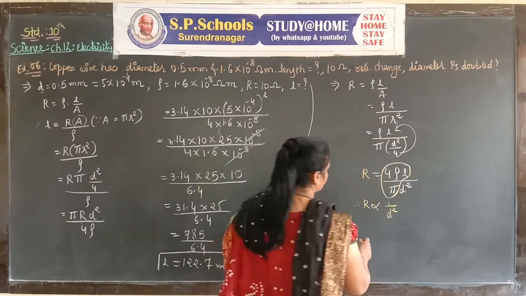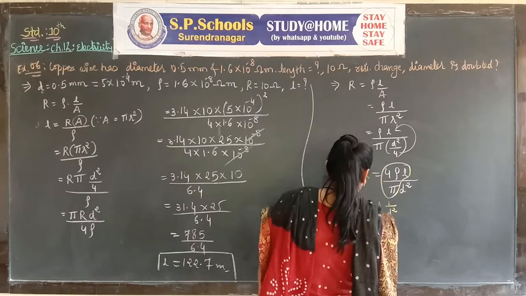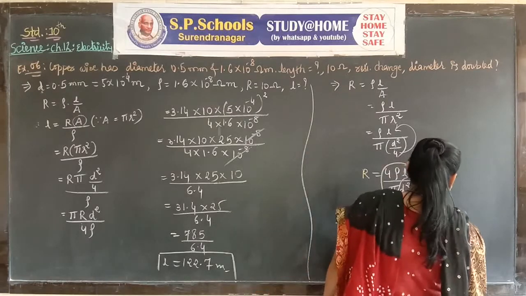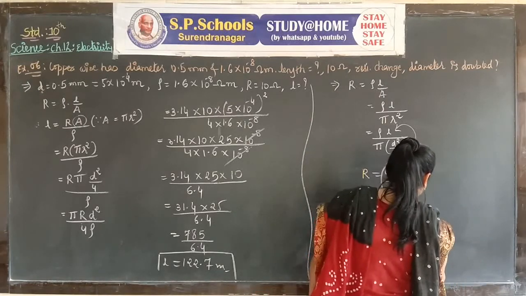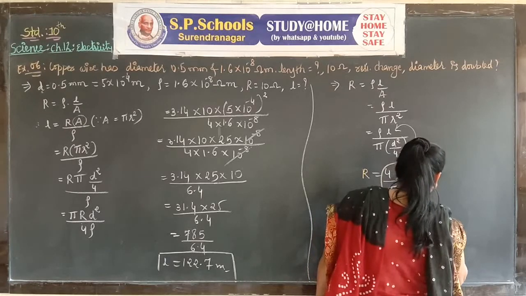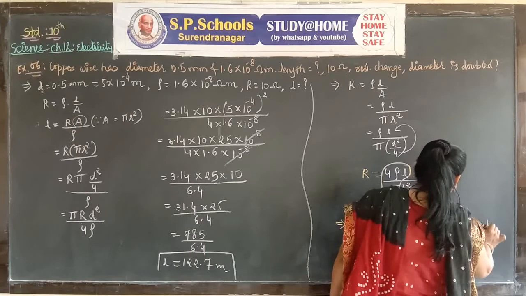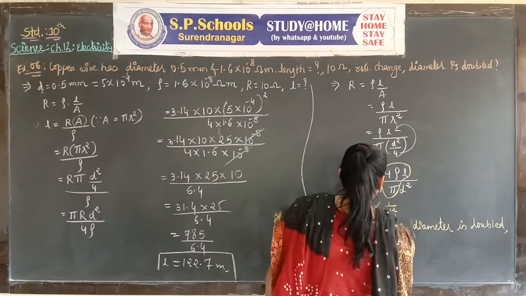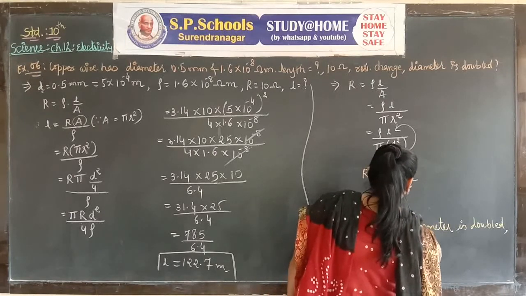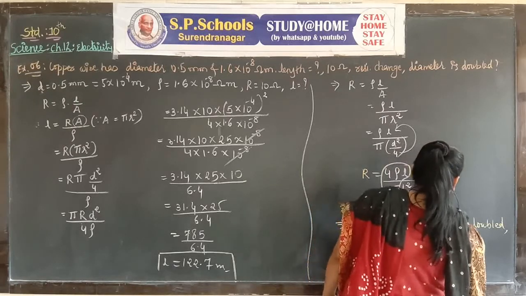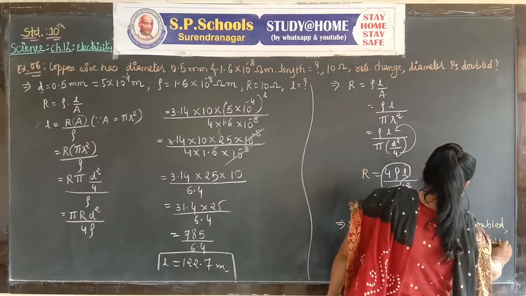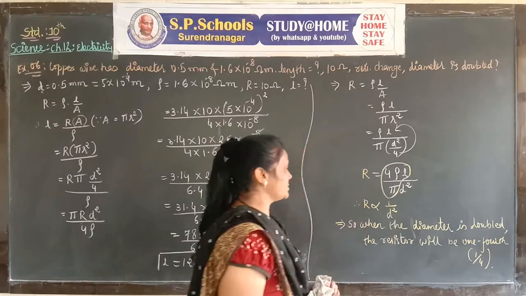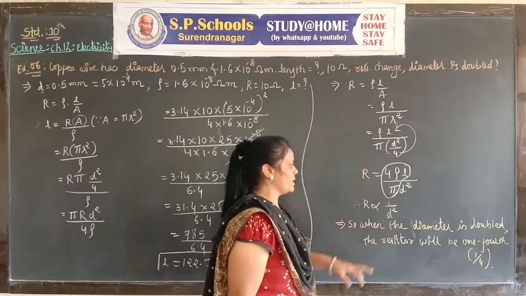The formula shows us that when the diameter is doubled, the resistance will be 1/4, because the resistance is directly proportional to 1 upon d square.